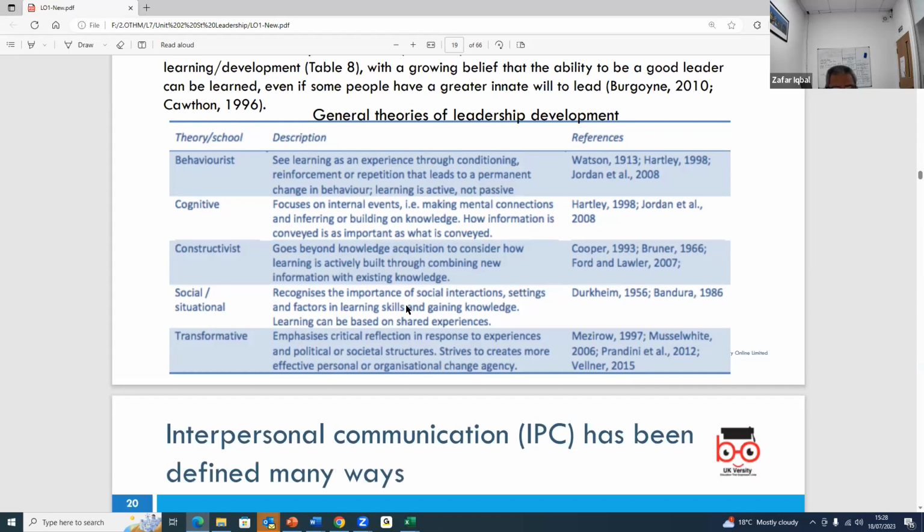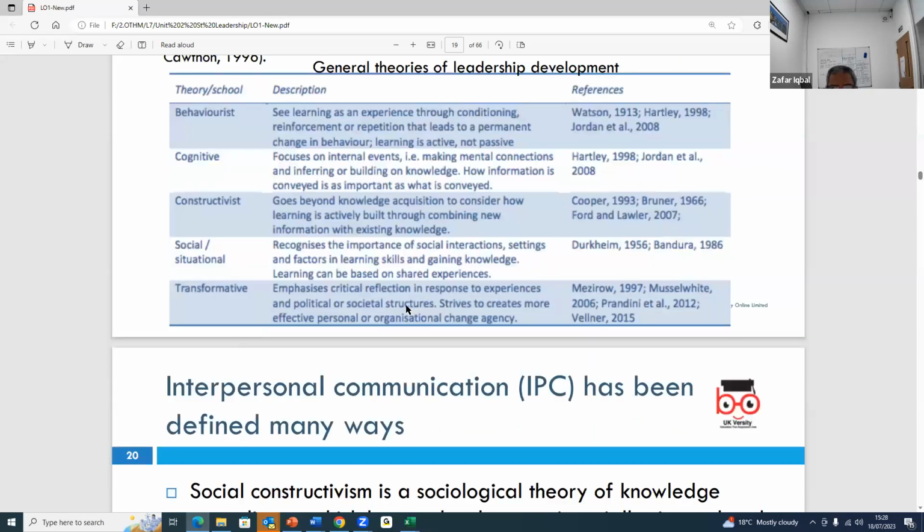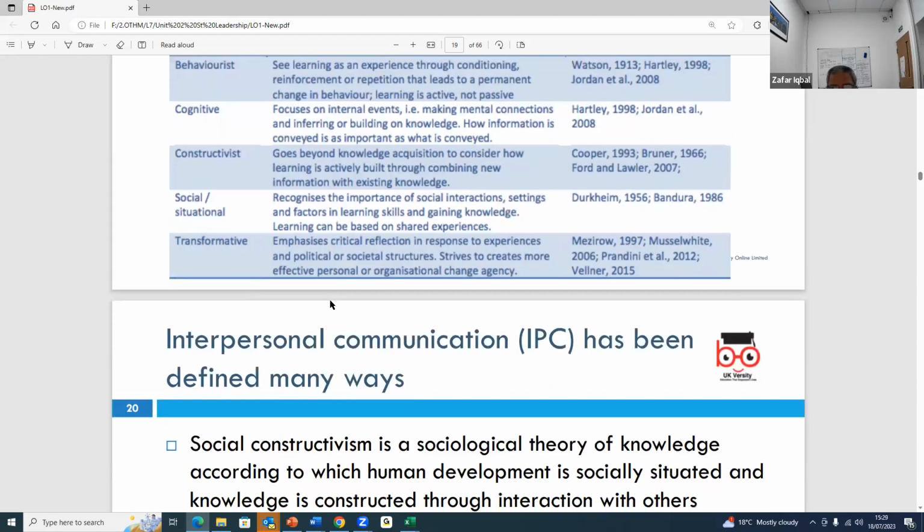If you look at the social and situational theories, they recognize factors in learning skills. They look at gaining knowledge. They look at how learning can be based on shared experiences, whereas the transformative theory looks at critical reflection on experiences or political or societal structures.